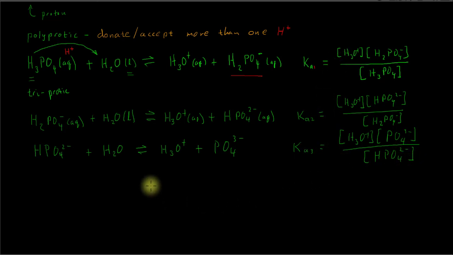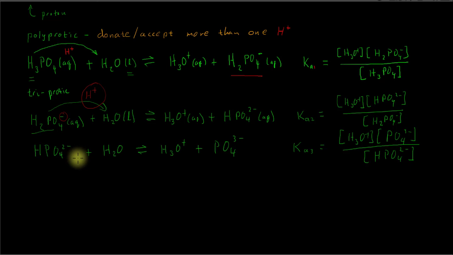Now it turns out because of electrostatics, we've removed one proton, but now when we remove the second proton, we're pulling something off that has a positive charge from something that has a negative charge. So the hydrogen ion has a +1 charge, and we're trying to take that away from something that already has a negative charge.